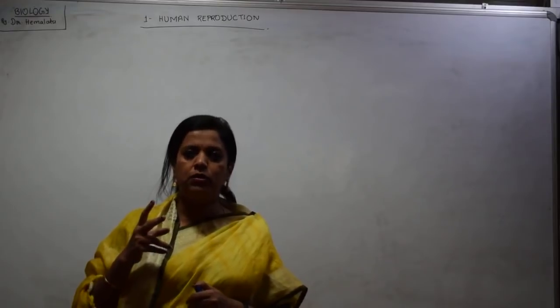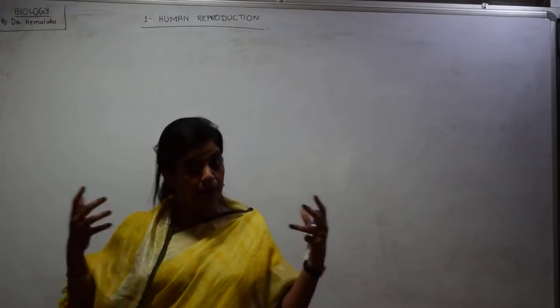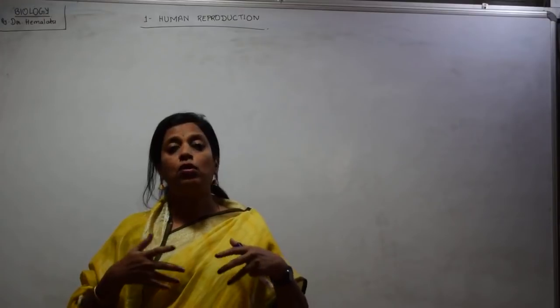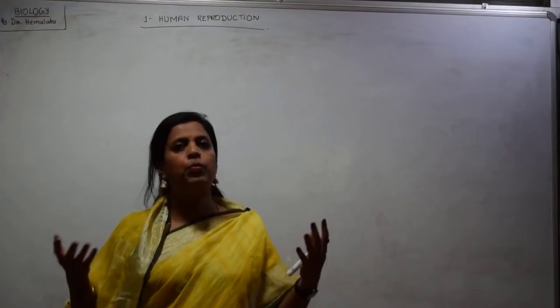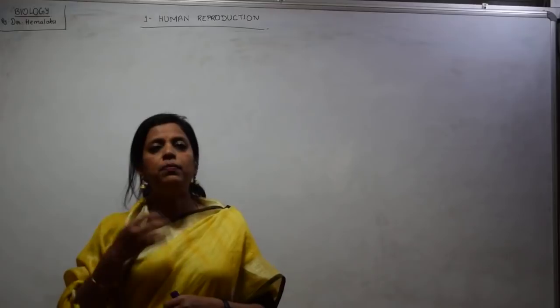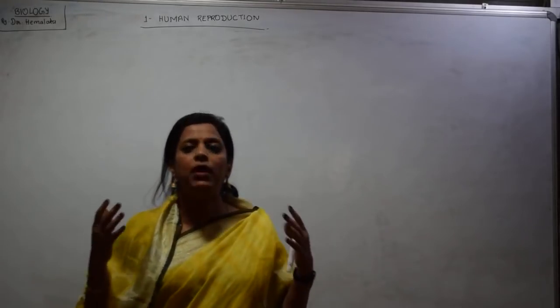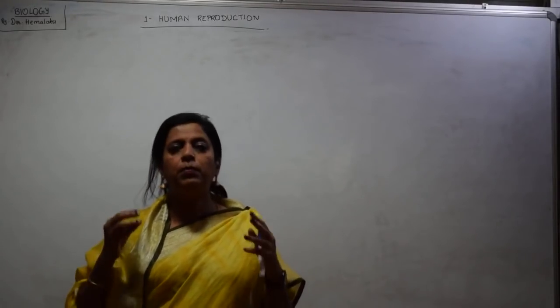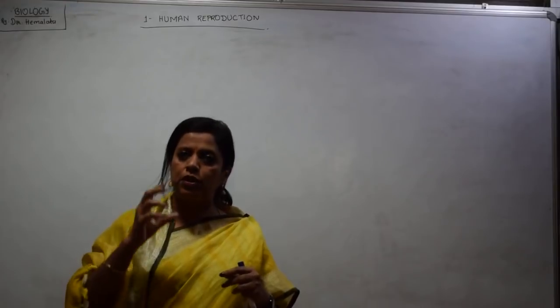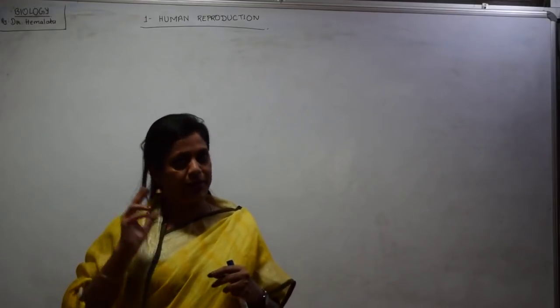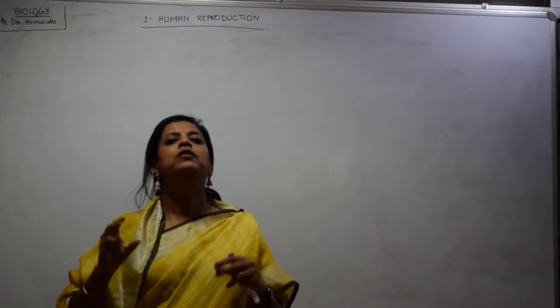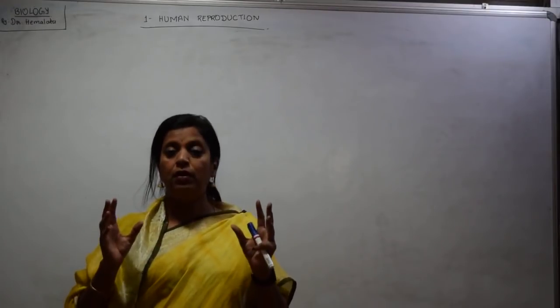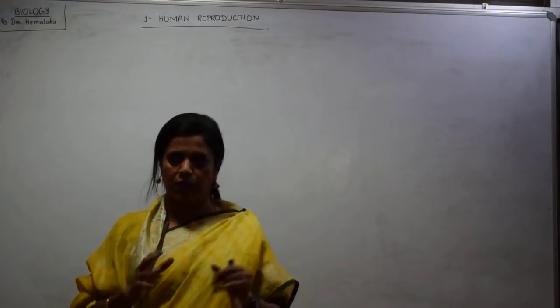Secondary reproductive organs are those which help in the formation or the movement of gametes and then the process of reproduction. Imagine we are talking about the male reproductive system. The major primary reproductive structure in males is only the testes. They produce the sperms.